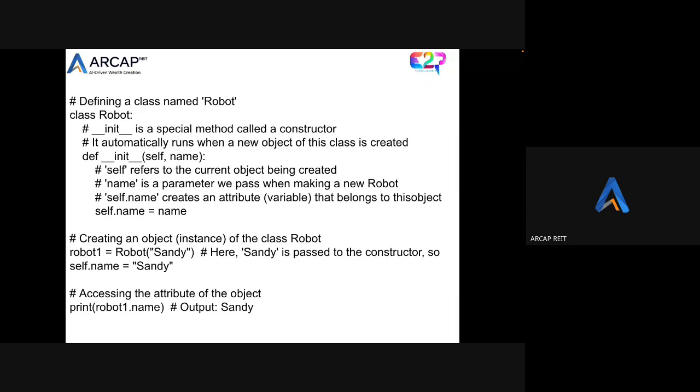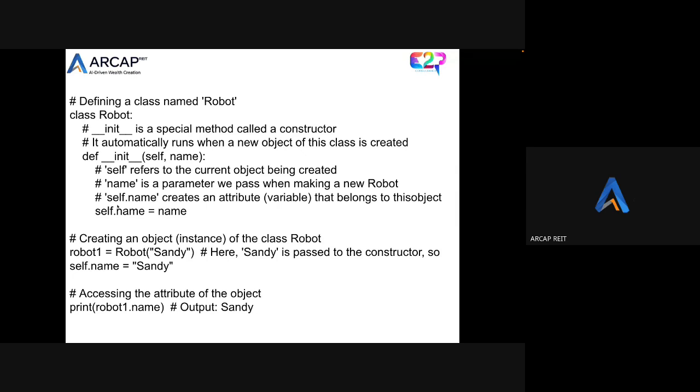Here, self refers to the current object being created. So when we say self.name, whatever name value we are sending will be stored in the current object. Name is a parameter, the value we pass when making a new robot, and self.name creates an attribute variable that belongs to this object, the current robot object.